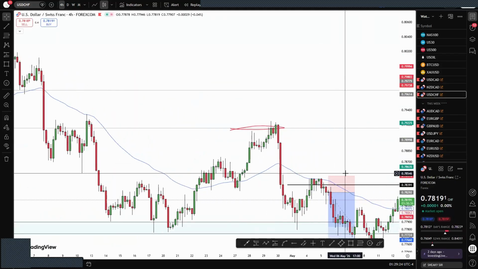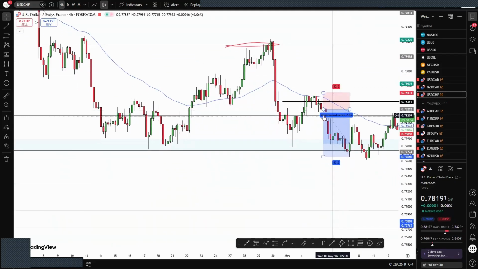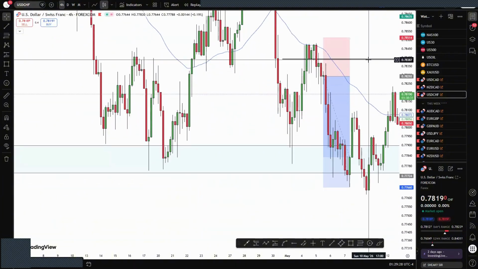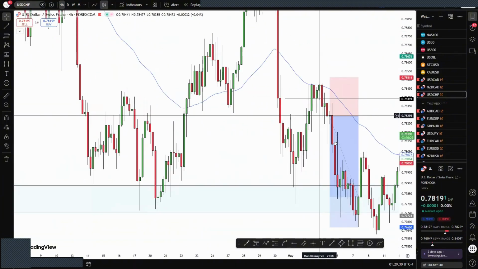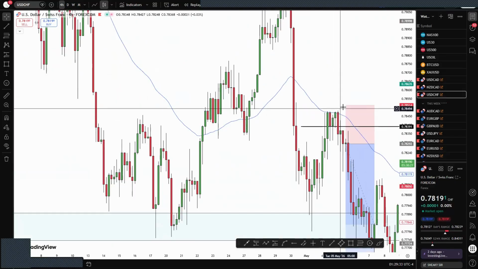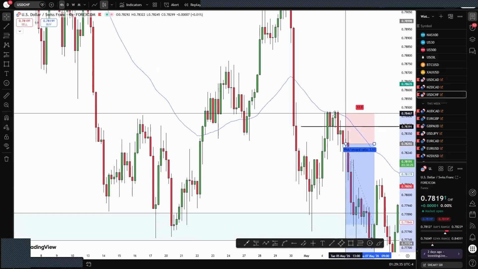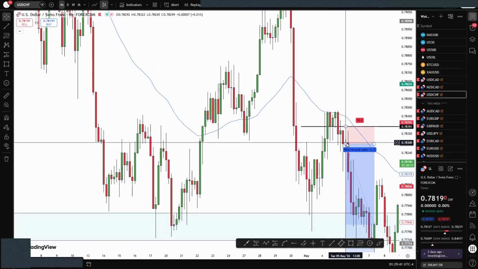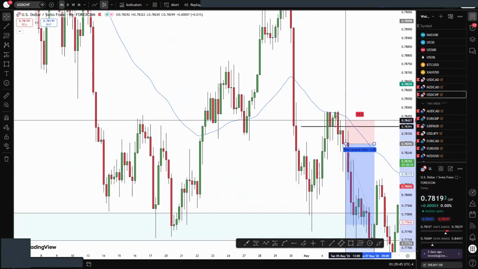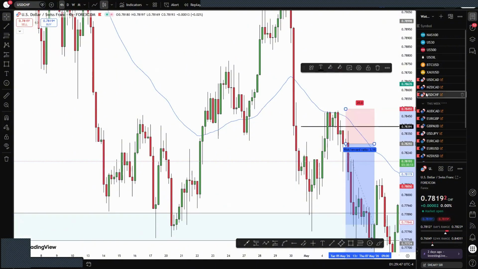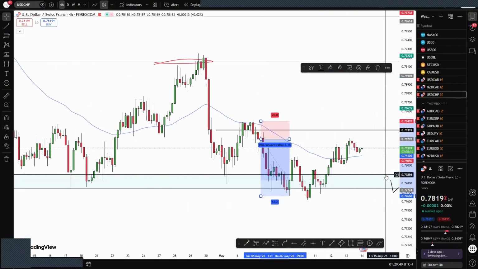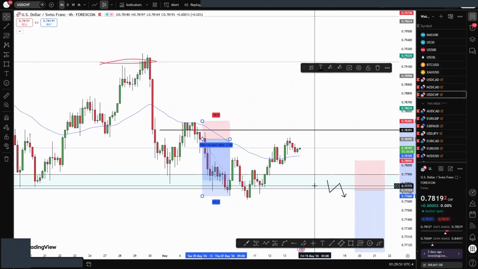Yes, EUR CHF. So even here you can see, even though I decided to put my stop right above the lower high, even if I was to put my stop right below this engulfing candle as my entry, I still wouldn't have been stopped out. It just goes straight to my take profit. So like I told you, if it's a good trend, it won't even waste time.